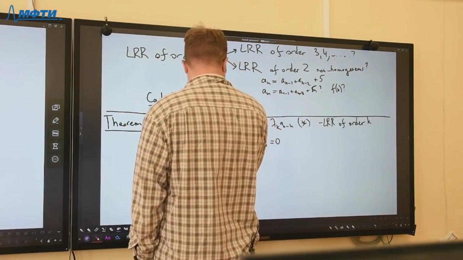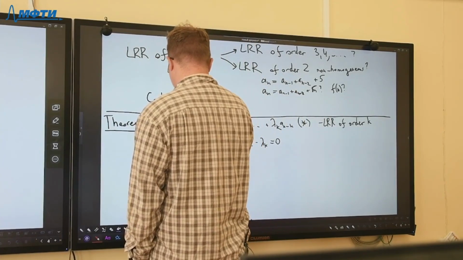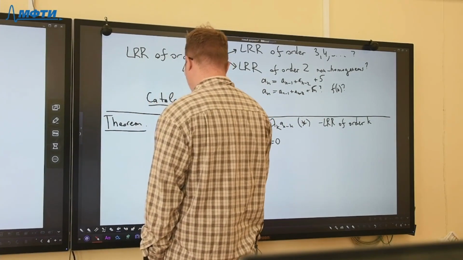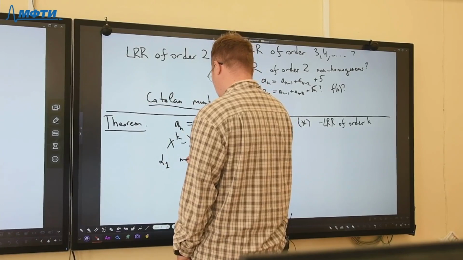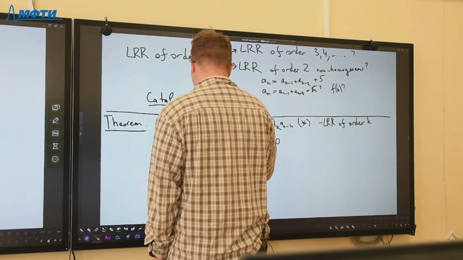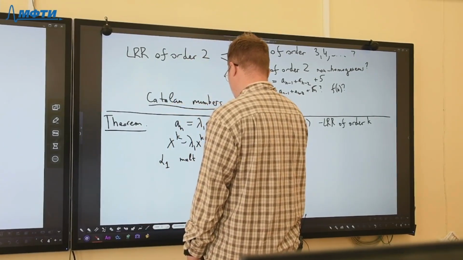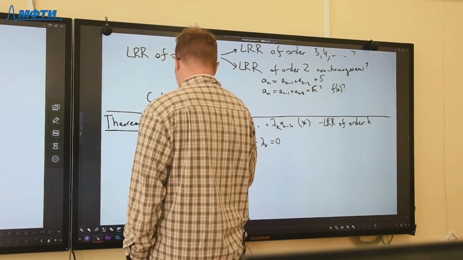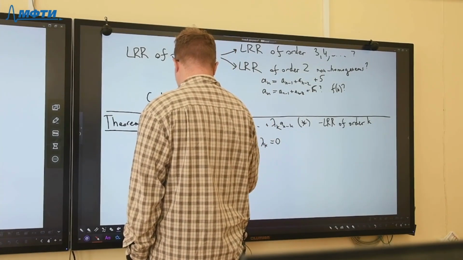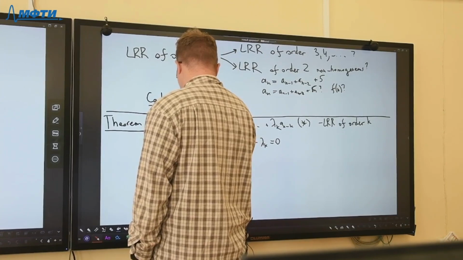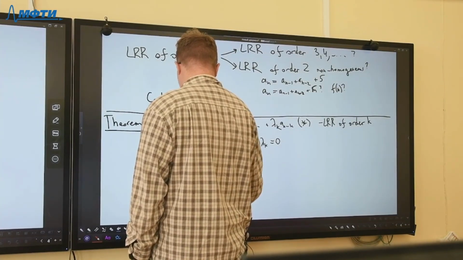Suppose we have alpha 1 a root of multiplicity j1, alpha 2 of multiplicity j2, and so on, alpha s of multiplicity js.